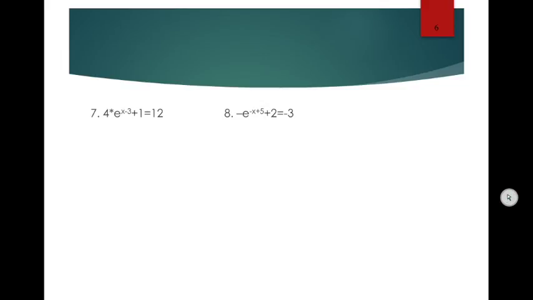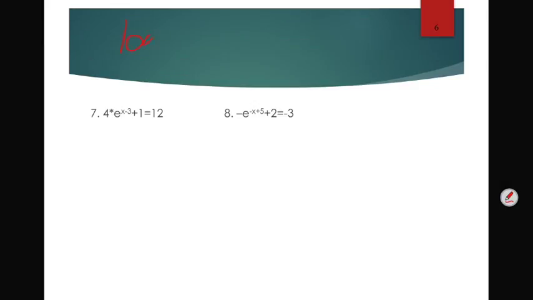Okay, the E ones. These are going to be a little bit different because they have an E. So one thing that we need to remember, if I have the log of base E of something, x whatever, then that really equals natural log of x.